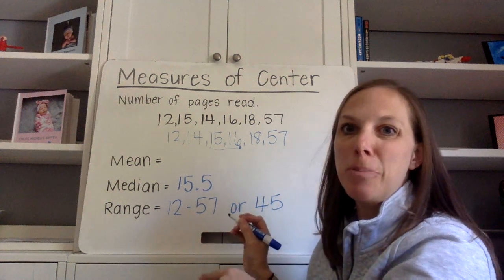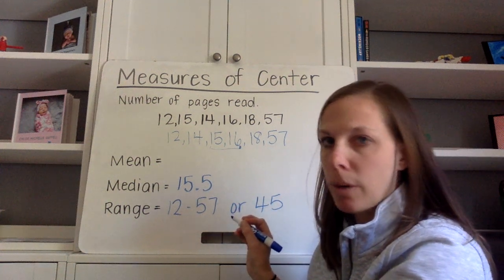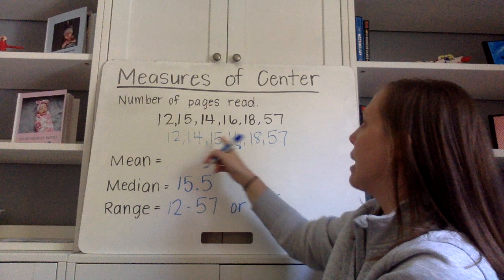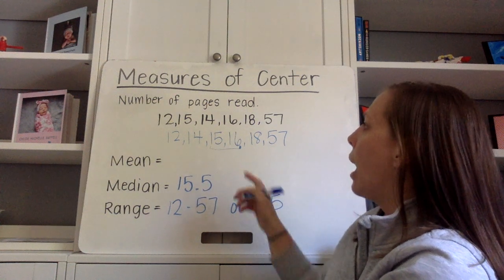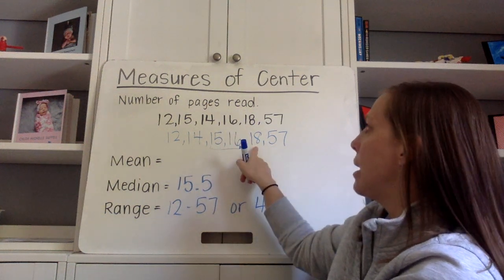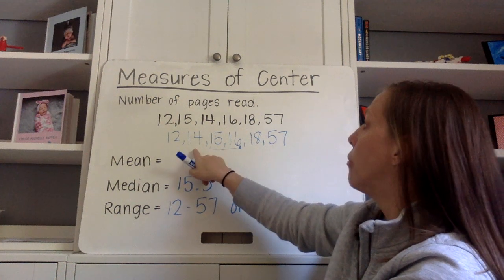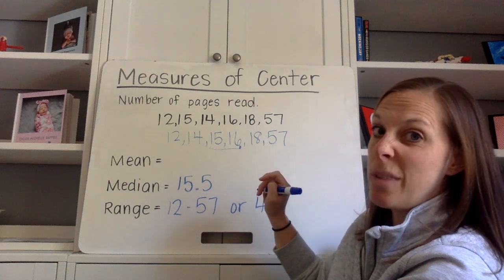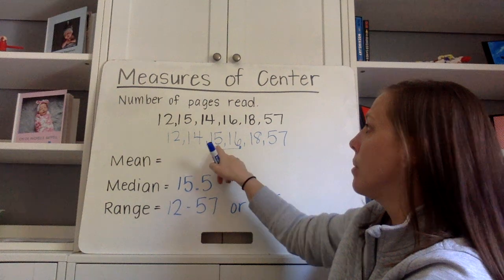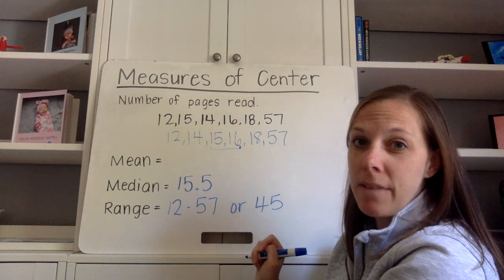So now I've left mean for last because it's kind of extra work. I'm going to add up all my numbers here. I notice that 12 and 18 is 30. 14 and 16 is also 30. So that means I have 60 plus 15 would be 75.